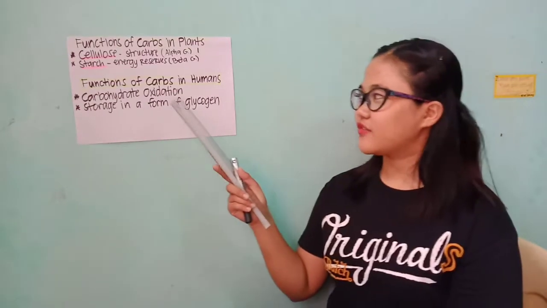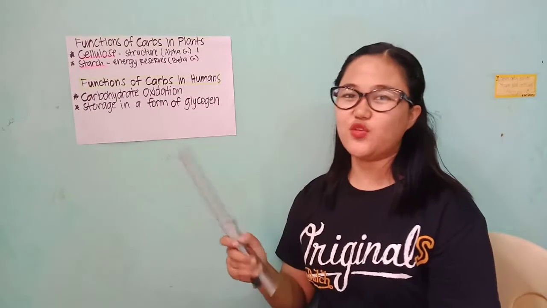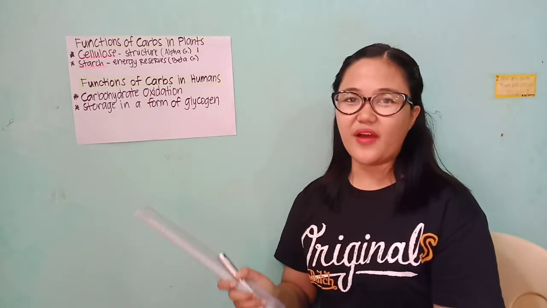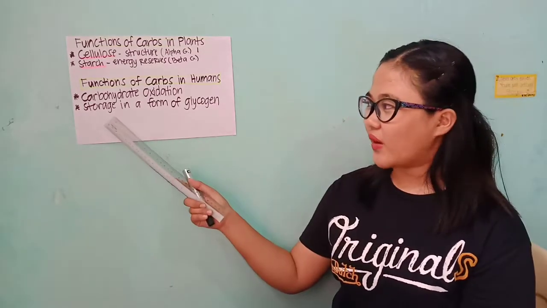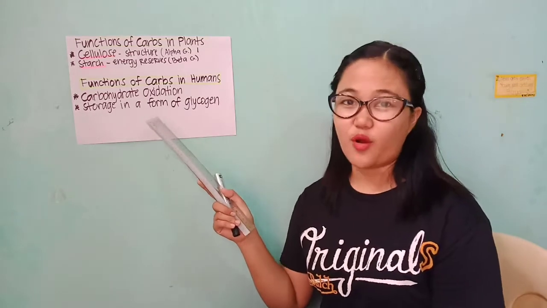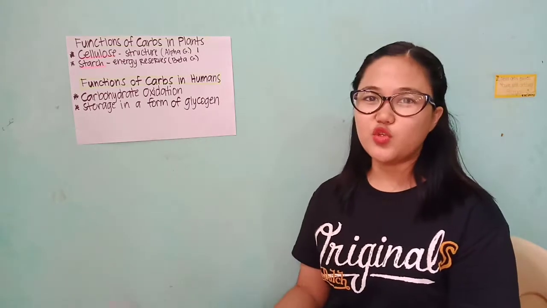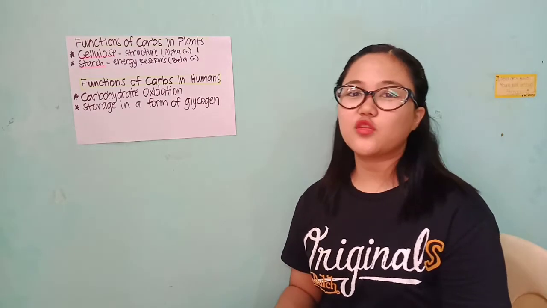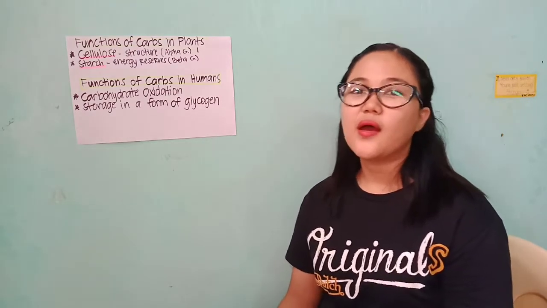Moving on to the functions of carbohydrates in humans. First, carbohydrate oxidation provides energy. The second one is storage in the form of glycogen. We humans need carbohydrates for our cells to function.